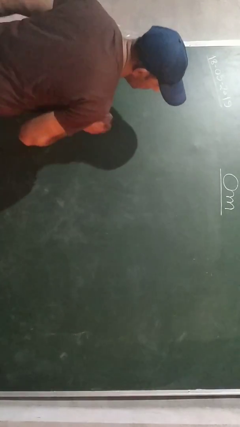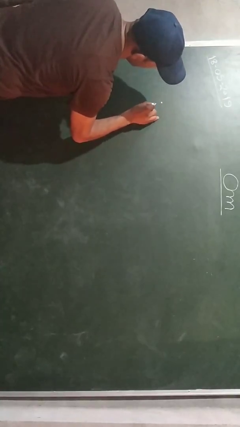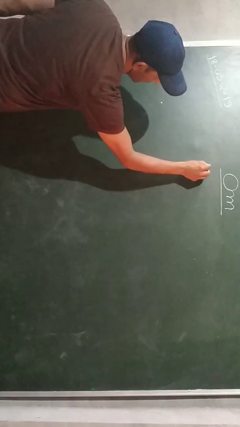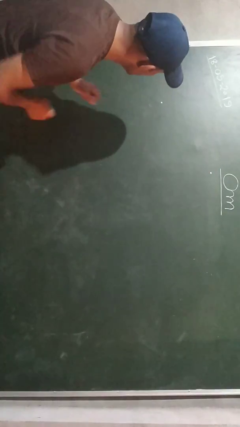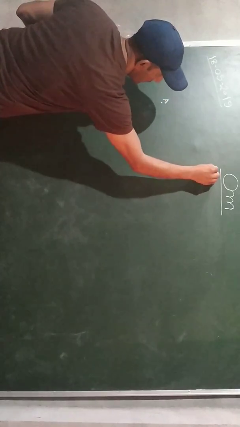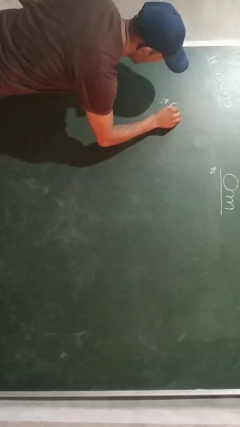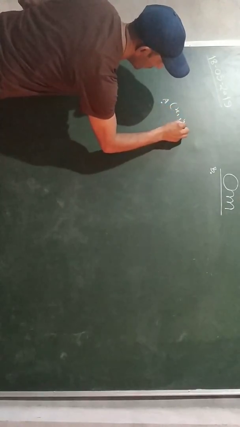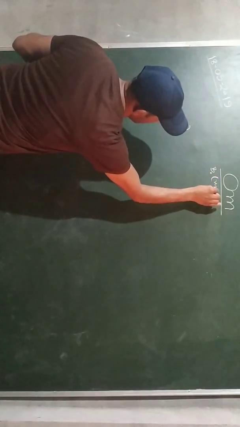Let we have 2 points A and B. Let coordinates of A be x1, y1 and coordinates of B be x2, y2.